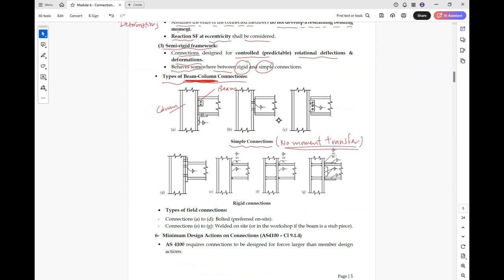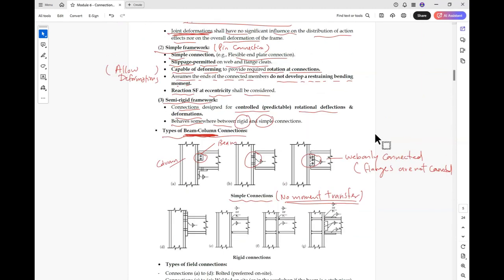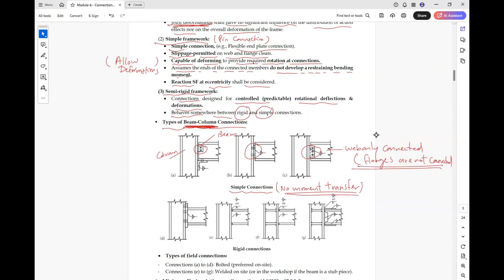This is the structural definition. So this is an example here, here also another example, here another example. As you can see here, only the web is connected and the flanges are not connected. So this is the main difference. We only connect the web, not the flange.